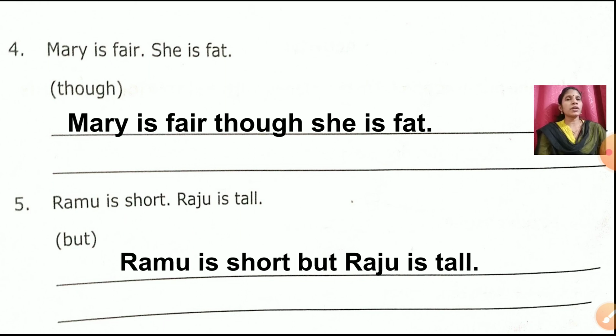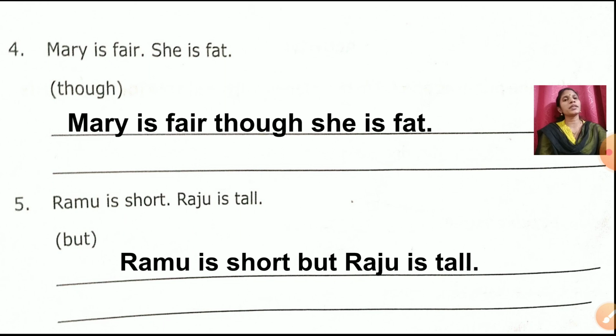Ramu is short and Raju is tall. We have to combine both the sentences with the help of "but". Ramu is short but Raju is tall. We are talking about two different persons with opposite ideas. So I hope you all have finished this activity.